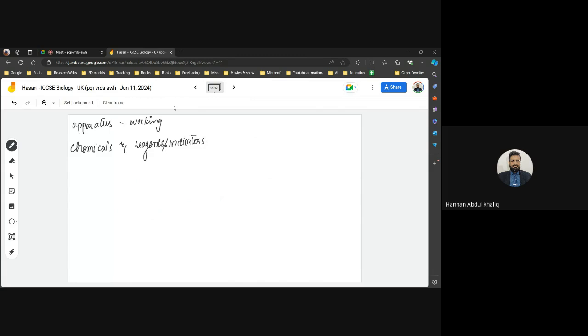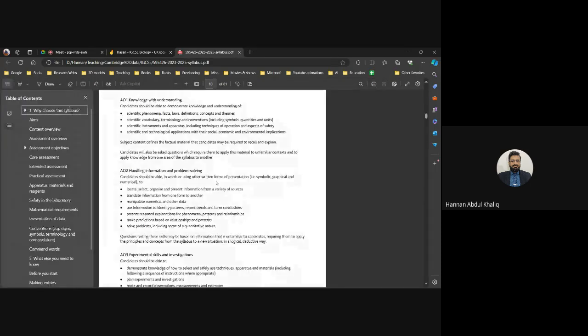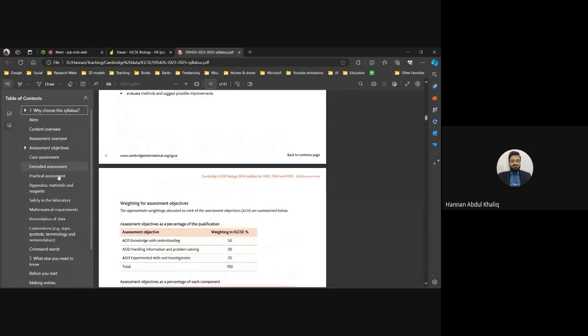If you want to know where we can see the apparatus, I can open a file in front of you that would help you understand where you can find it.